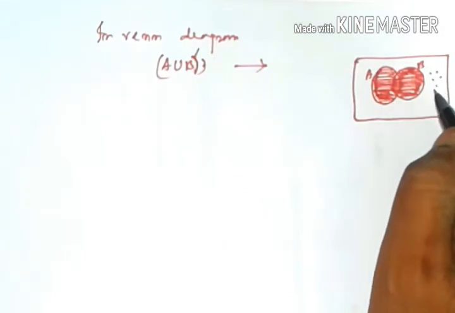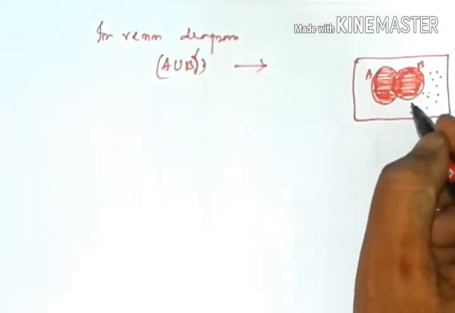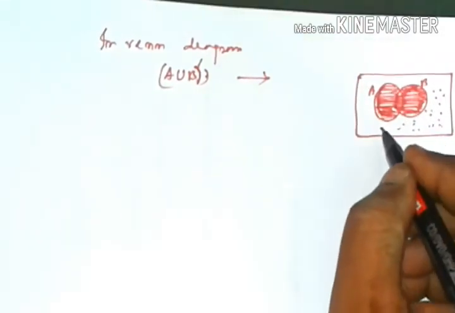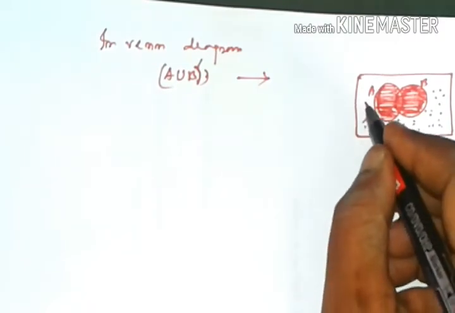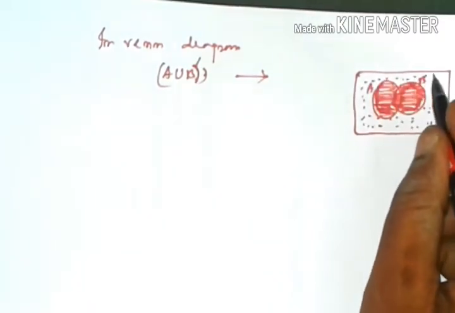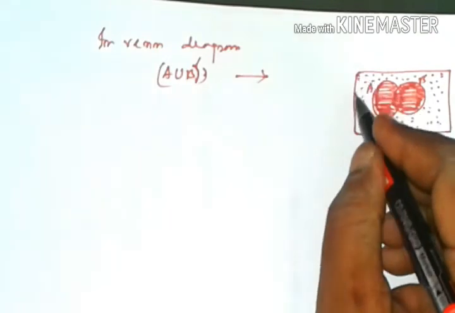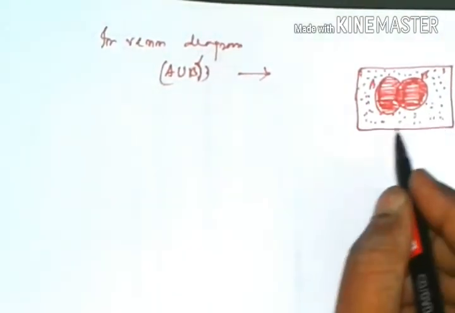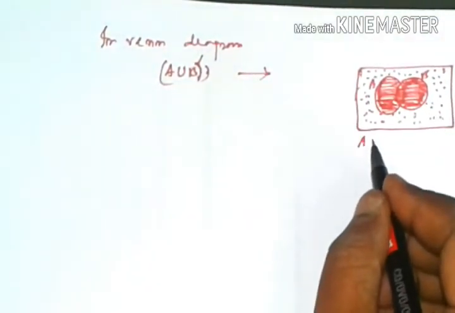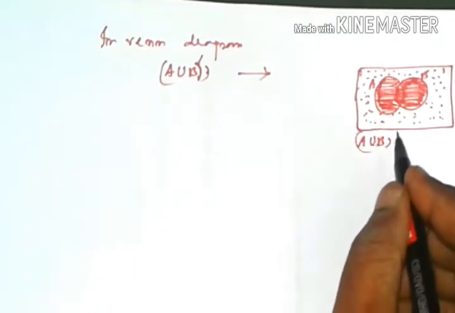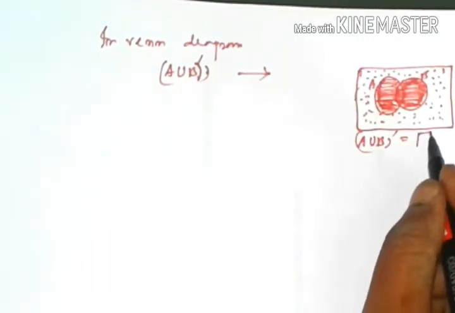We express it as the dotted portion. Here we can write (A union B) dash is equal to the dotted portion.